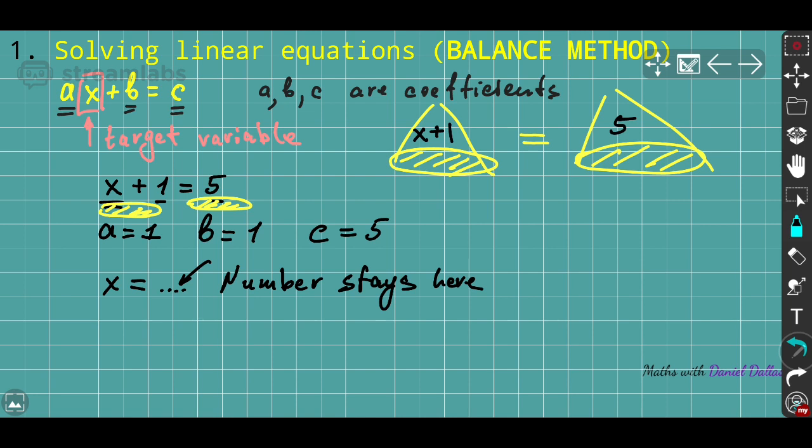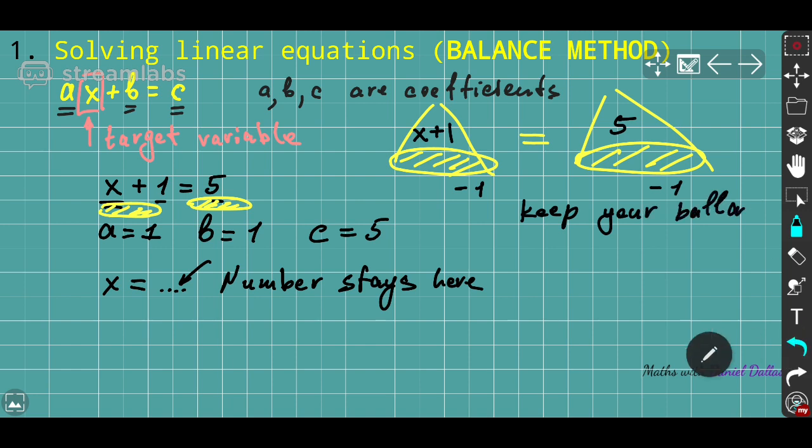So what if you take away 1? From both sides, of course. You physically take away 1 from the left plate, and you take away 1 from the right plate to keep your balance.